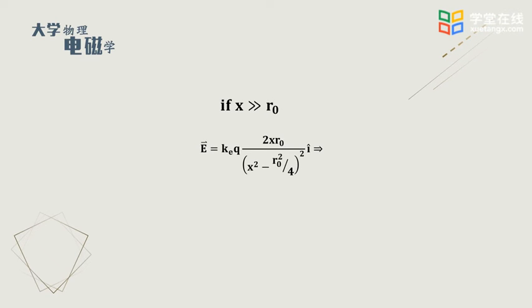From this expression, we can see that when x is much larger than r0, which means point A is very far away from the dipole, the magnitude of the electric field is inversely proportional to the cube of the distance.